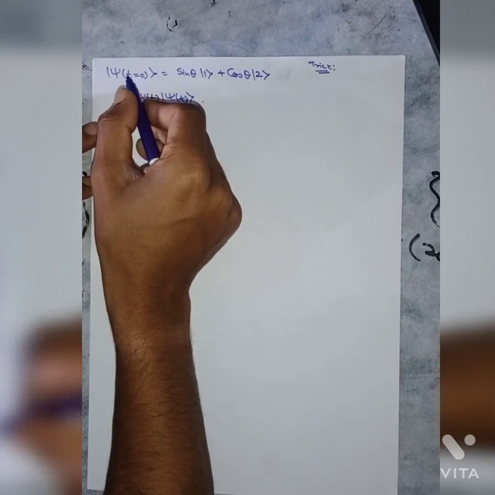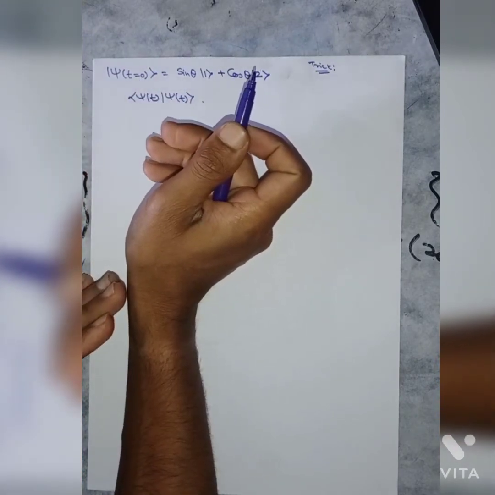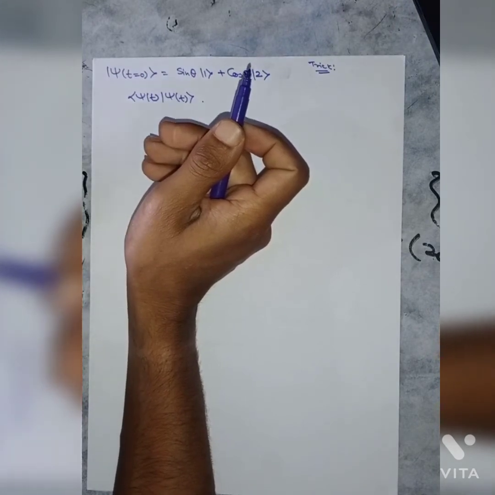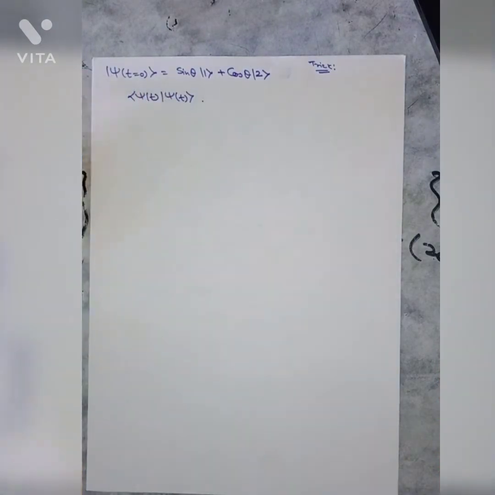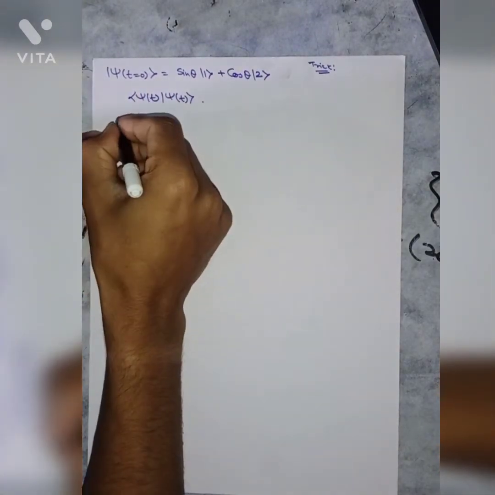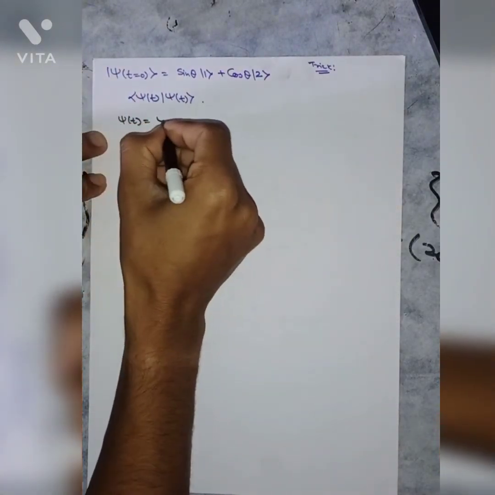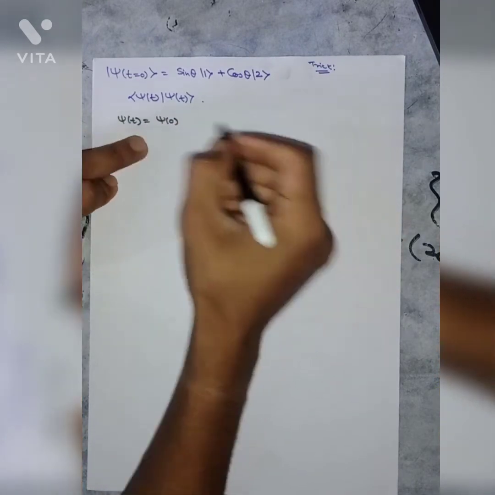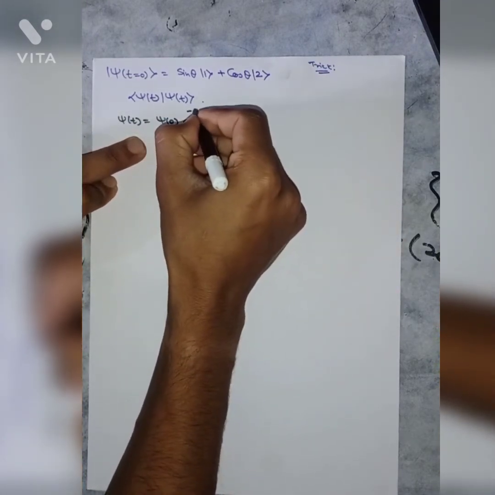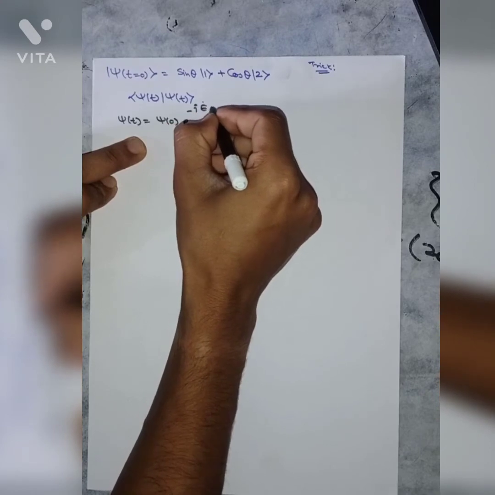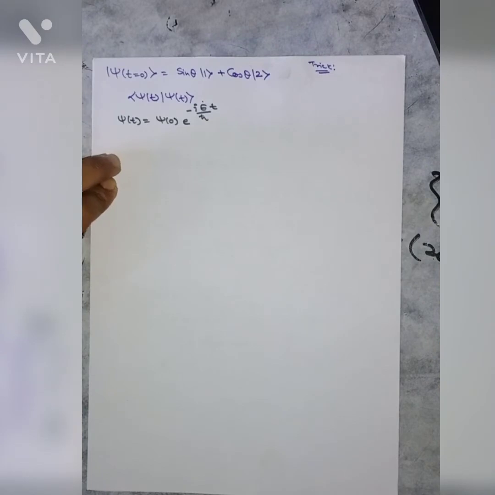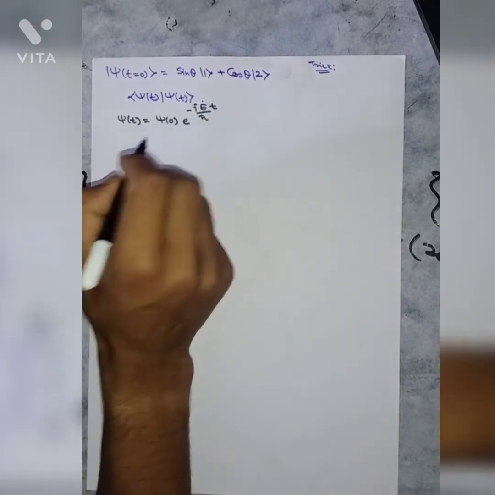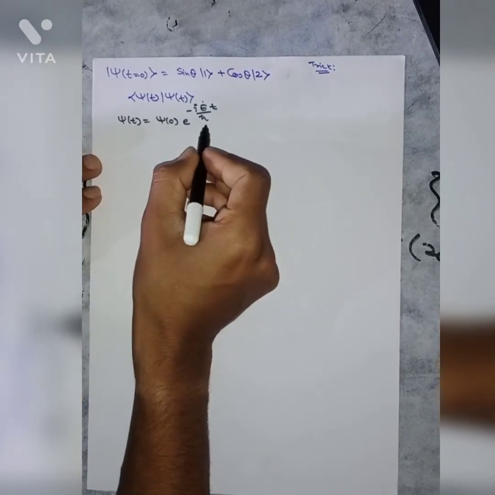Then at a later time, if you want to know the wave function, it will be nothing but psi at t is equal to psi at 0 e to the power minus iota E t upon h cut. This is the wave function at a later time t.